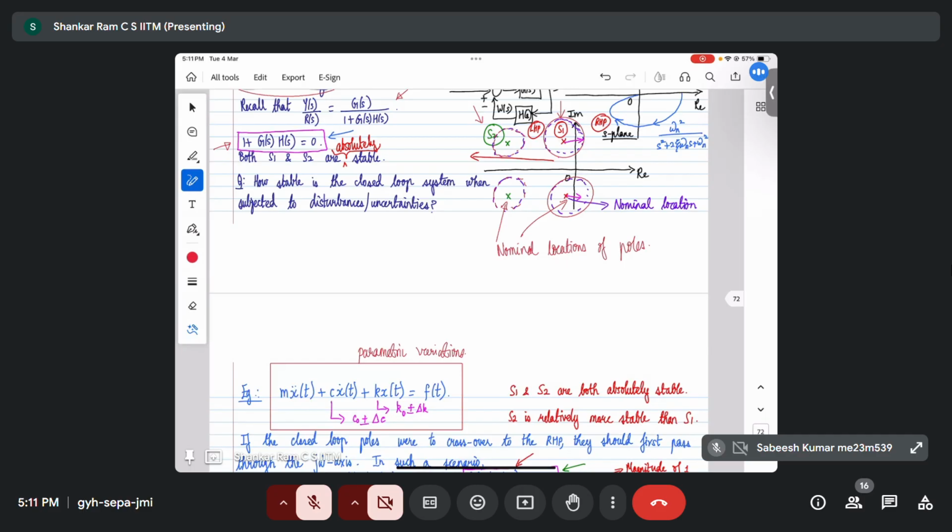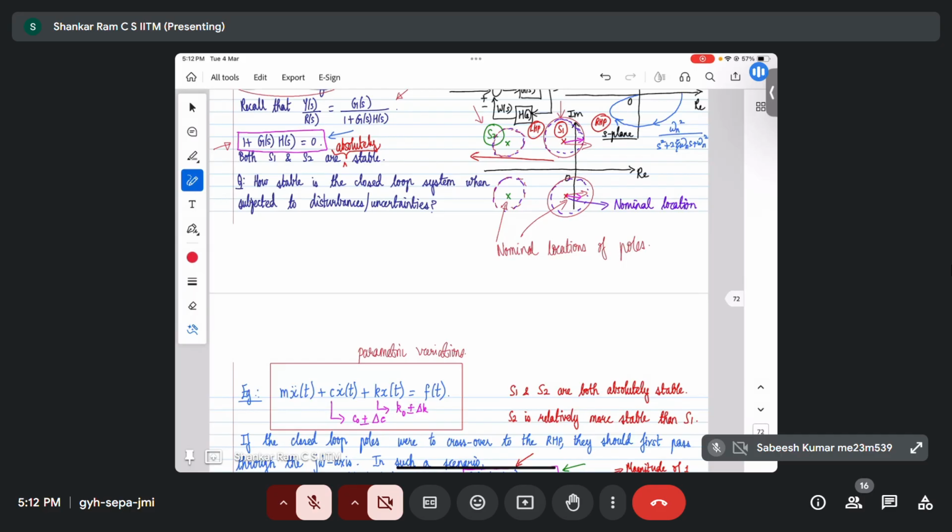The issue is, as we have parametric uncertainties, suppose there is a scenario where the band of poles may exceed a certain bound, and the bound around the nominal location of the poles of S1 is such that there may be a risk of the nominal pole going into the right of the complex plane, although the nominal system was stable. Then we have an issue.